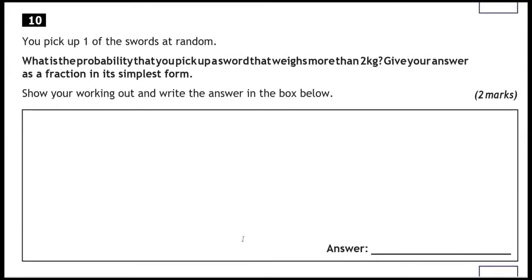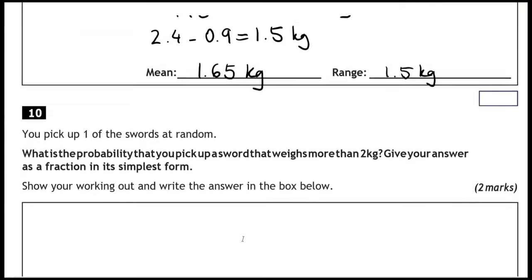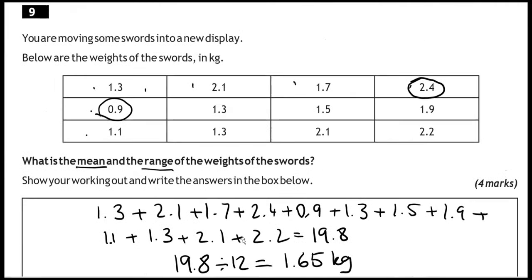You pick up one of the swords at random. What's the probability that you pick up a sword that weighs more than 2 kilograms? Give your answer as a fraction in its simplest form. So more than 2 kilograms. We've got one here, 2, 3, 4.